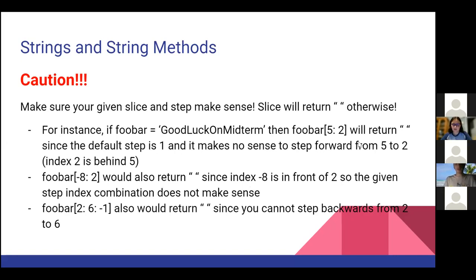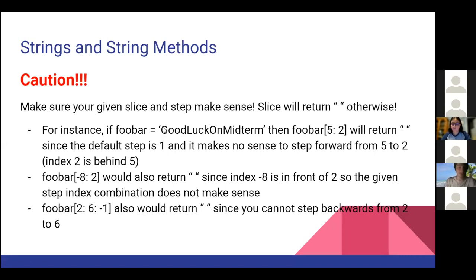Yes, please go ahead. What does the third parameter do? The third parameter specifies basically your step. So if it's 2, for example, you're looking at every second character in the string. Let's say I'm starting at this index.